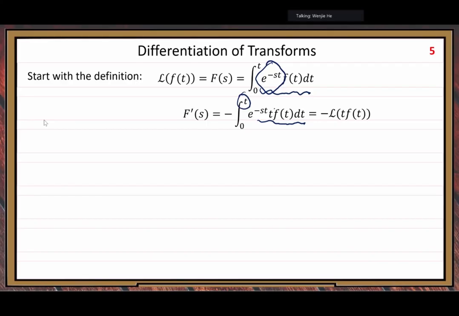For example, in order to avoid confusion, sometimes people put a slightly different notation. For example, this t, you put a t tilde, so it looks different from the inside. Inside t is a dummy variable, so you have no problem. But the outside t, you treat as a constant, so you want to make it slightly different.